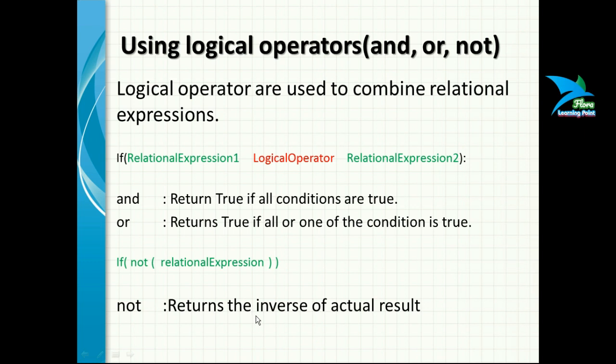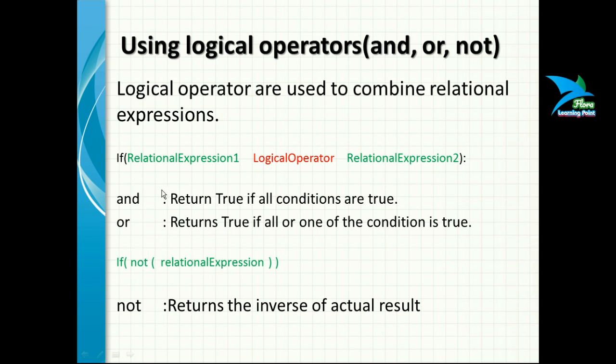In the case of the NOT operator, it returns the inverse of the actual result. We can use the NOT operator in this way only. It is not used to combine multiple relational expressions. NOT is used to return the inverse of the actual result. For example, here we can define a relational expression, a condition, inside the NOT operator.